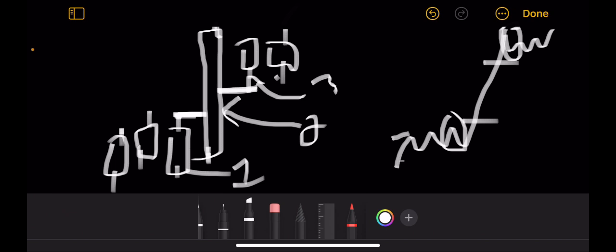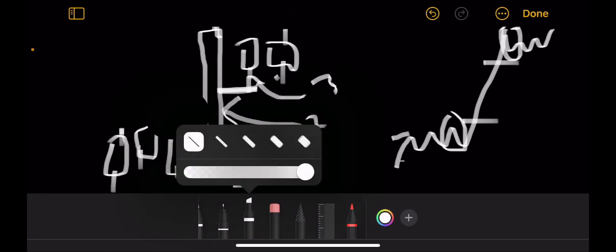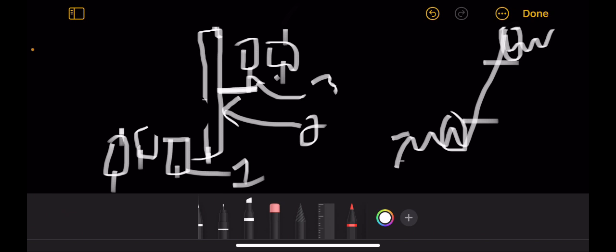It might be a candle without a wick. Say it doesn't have a wick, so the top of here and the bottom of the third candle, the first and the third candle. This space is the gap.